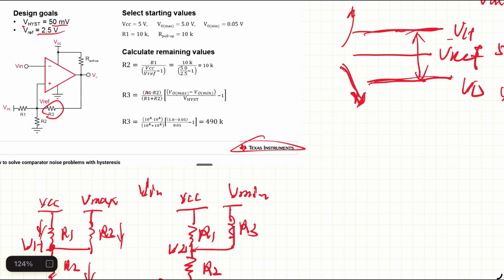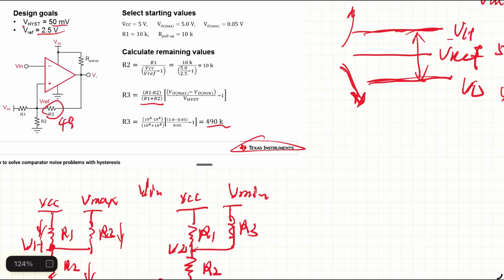It's basically R1, R2 in parallel, and the difference between the output high to low divided by the hysteresis value, minus 1. And so if you want to get the value for R3, you can just use R1, R2 values and put them in the equation. And for this example, we got 490K.